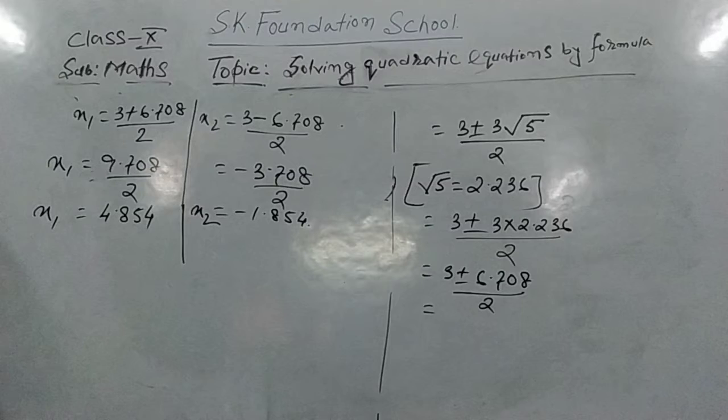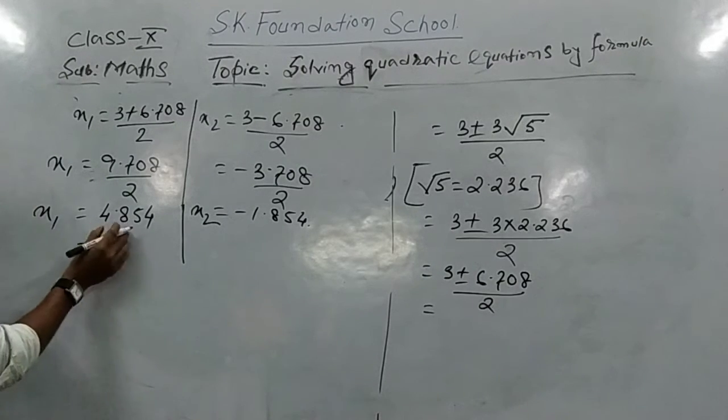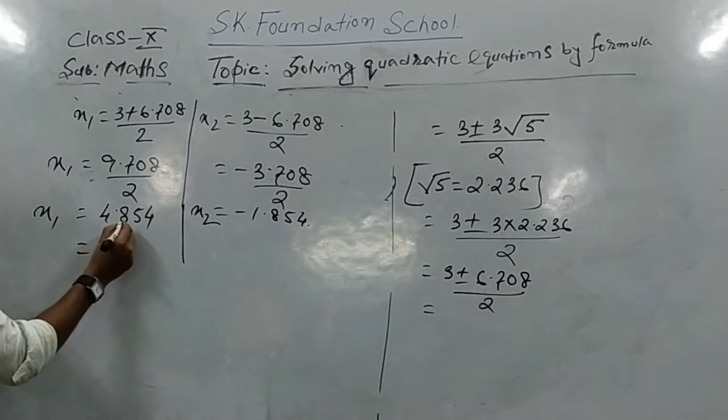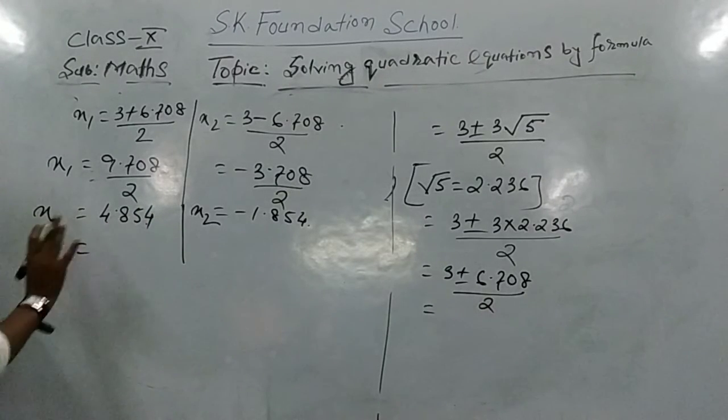And one more thing, in your question it's already mentioned, give your answer correct to two significant figures. So what is the meaning of two significant figures? Look here, this number contains a total of 4 digits.